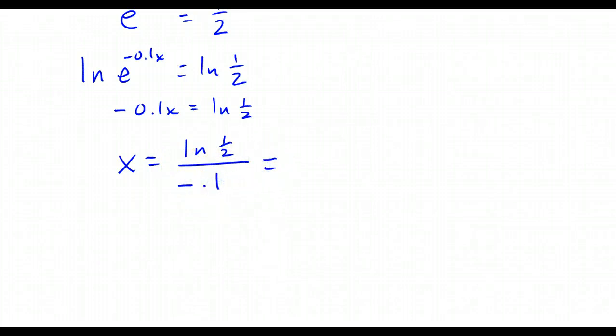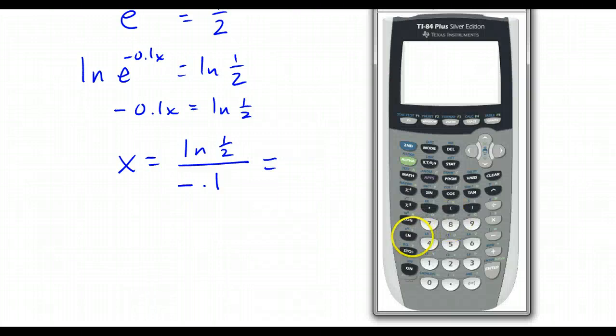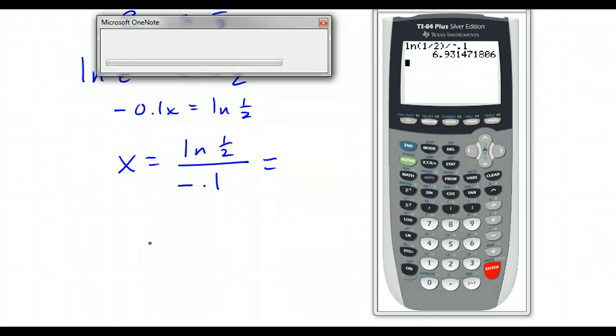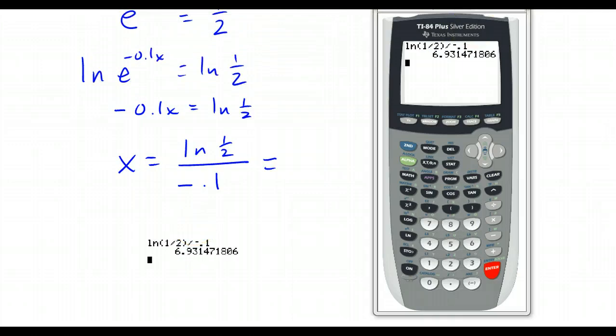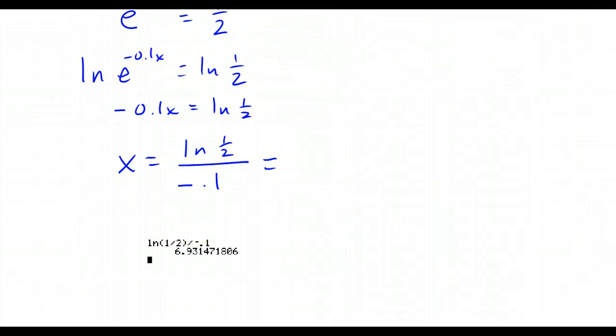Okay, calculator time. Natural log of 1/2 divided by negative 0.1. And that's our answer. It's going to take about 7 people for us to reach that median waiting time of half a minute.